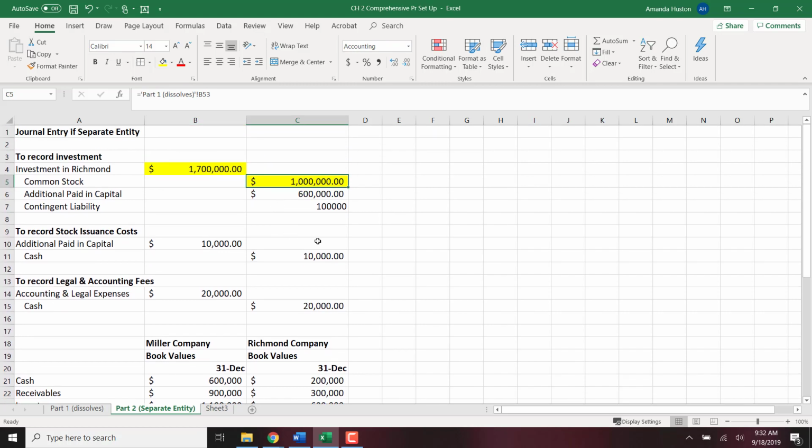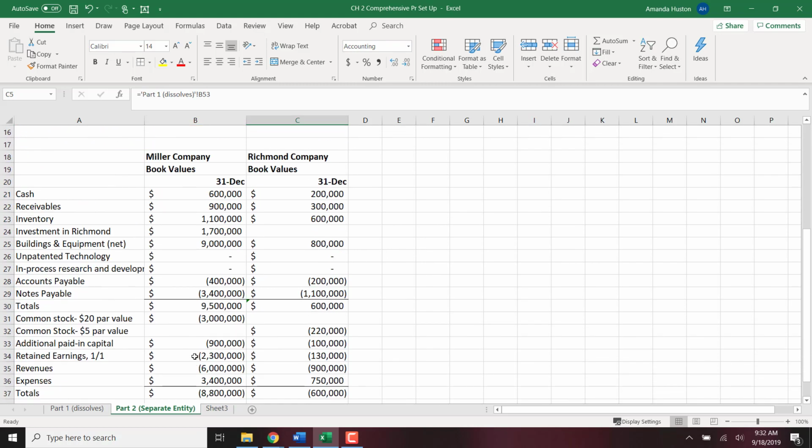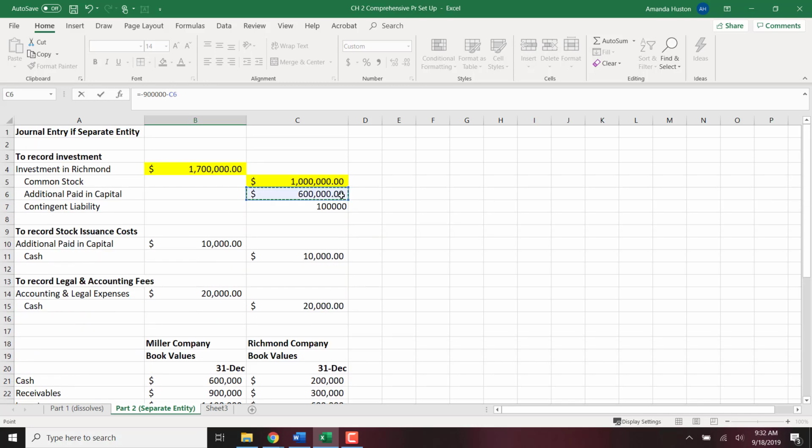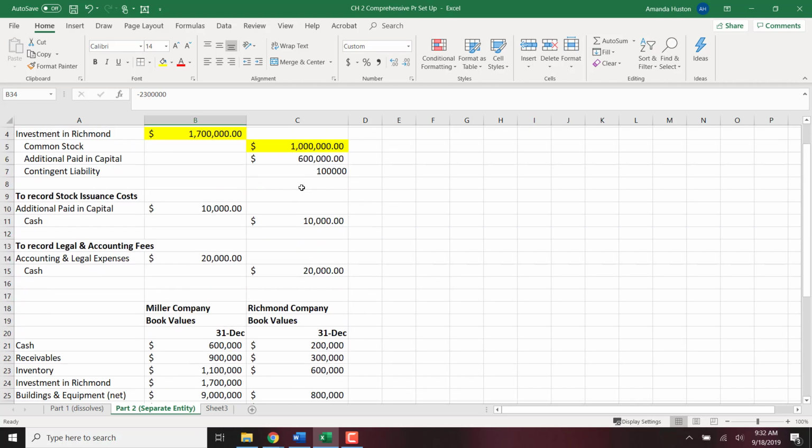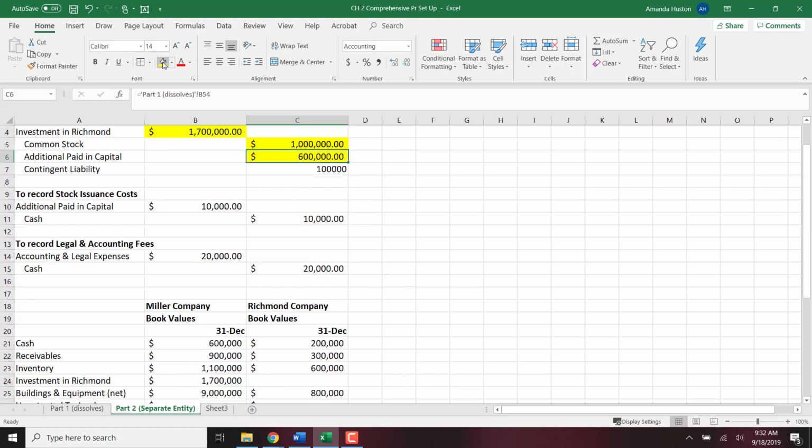Now we've got to do additional paid in capital. So I'm going to go down to Miller's book values, additional paid in capital. It's a negative number, so to add to it, I would put another negative number, right? And so now we've adjusted for this.